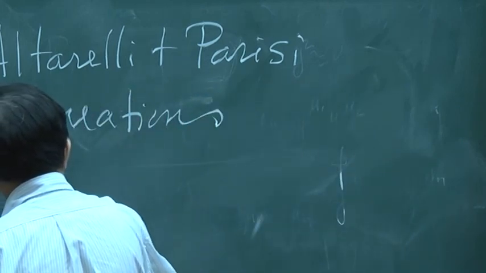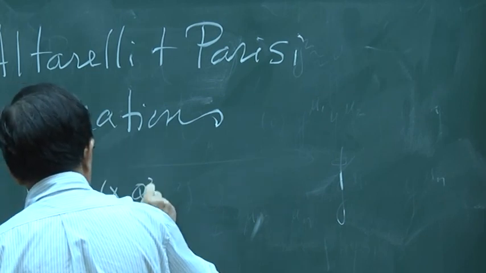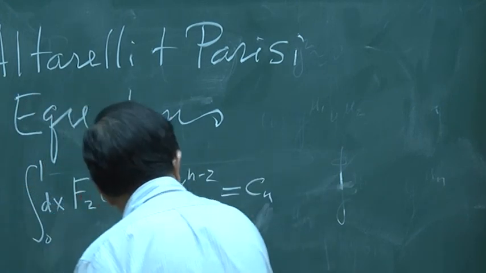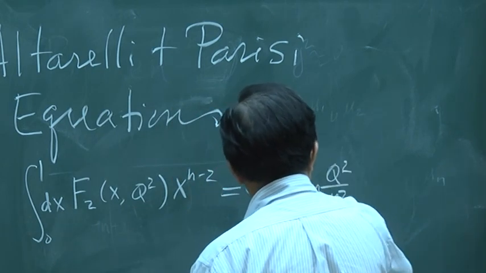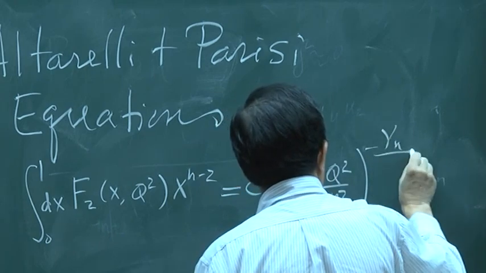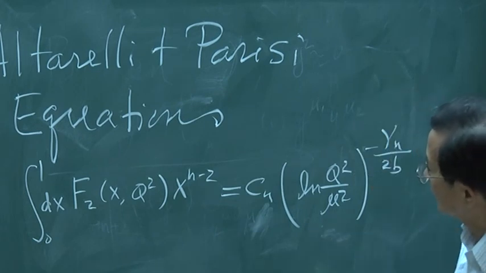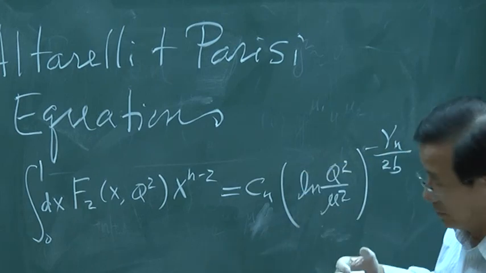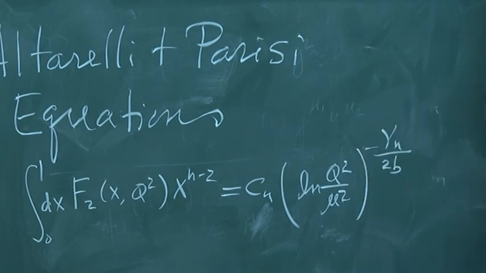You remember that these moments equal some coefficient and then some log q squared over mu squared to some power, like that. So there are some logarithmic scaling violations. Without this, it would be the parton model. So how do you account for this in the language of the parton model? And that's how the Altarelli-Parisi evolution came in.